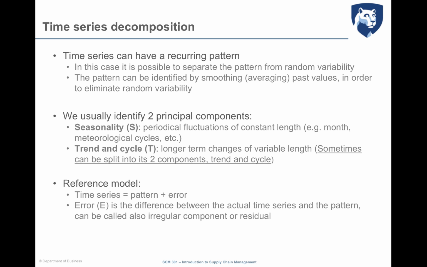It depends, but during time the demand has a pattern, a trend, and then it also has a seasonality. There are cycles in the history, in the market, and so on. It can be that monthly, seasonally, weekly, per semester, the demand experiences the same pattern during time. So periodical fluctuation of constant length.